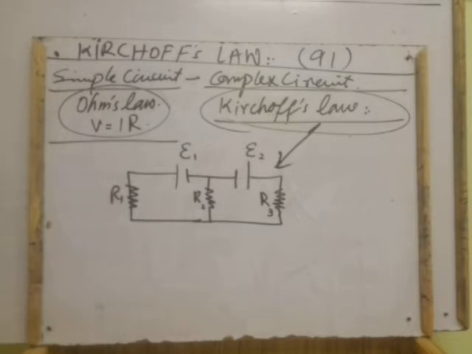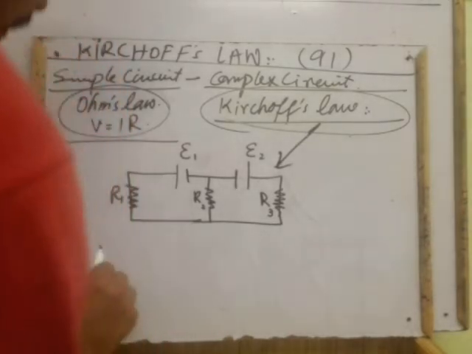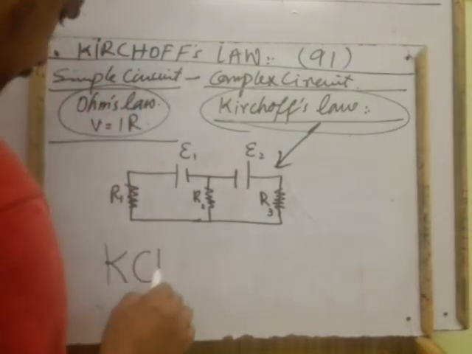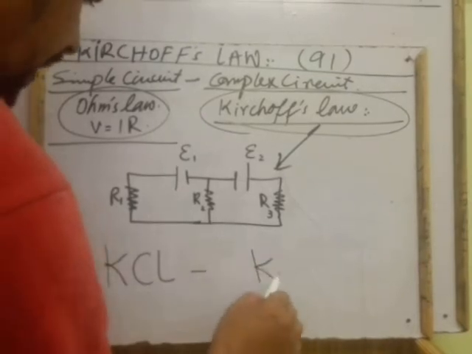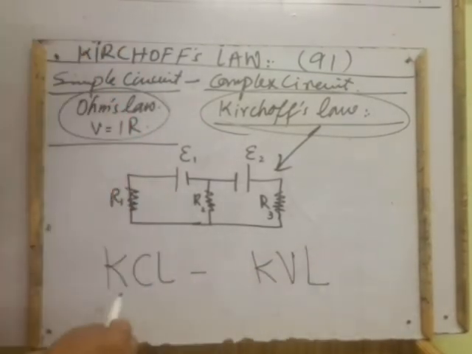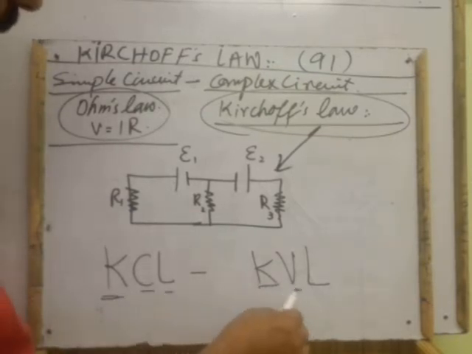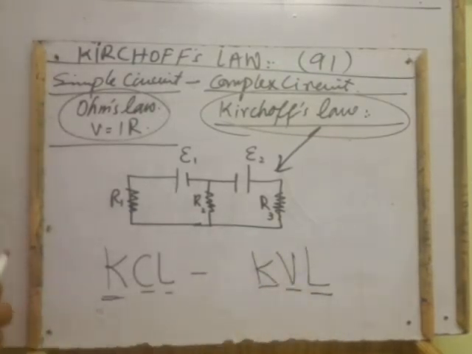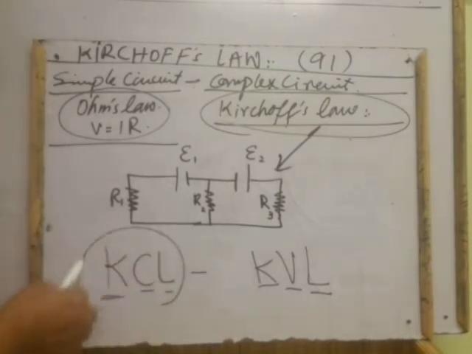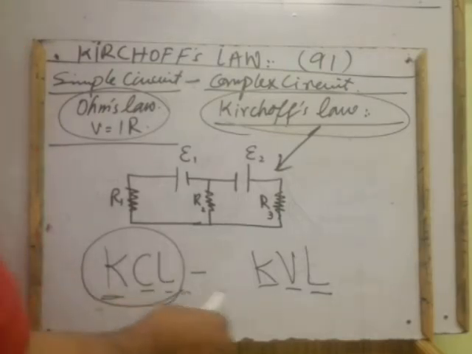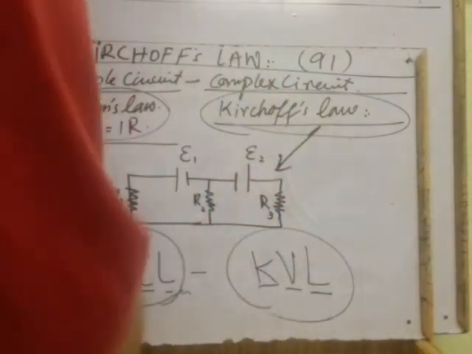Kirchhoff's laws basically consist of two laws. One is called KCL, another is KVL: Kirchhoff's current law and Kirchhoff's voltage law. Kirchhoff's laws can be divided into two simple rules, KCL and KVL.